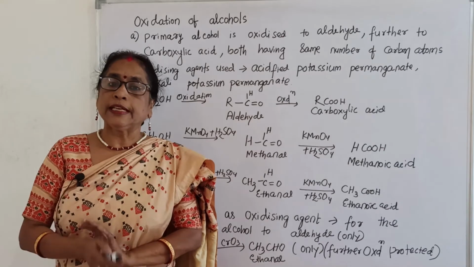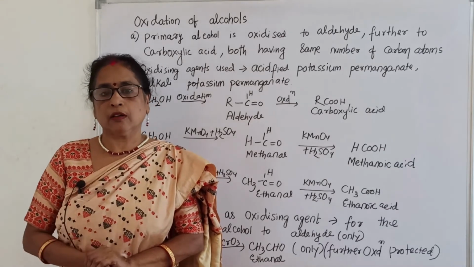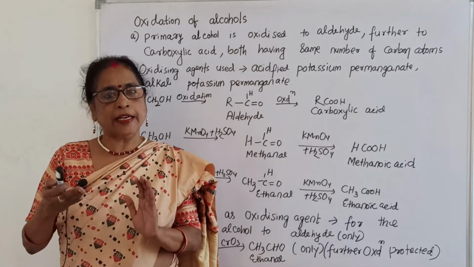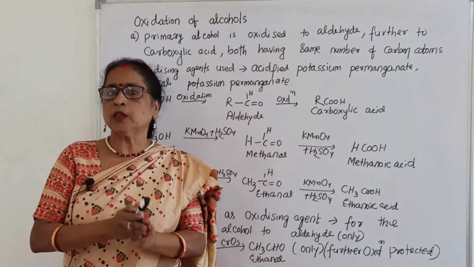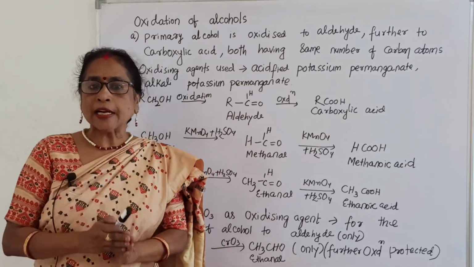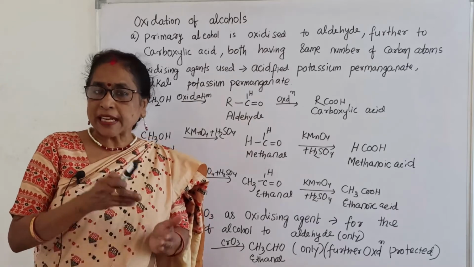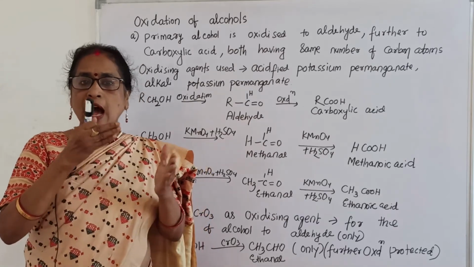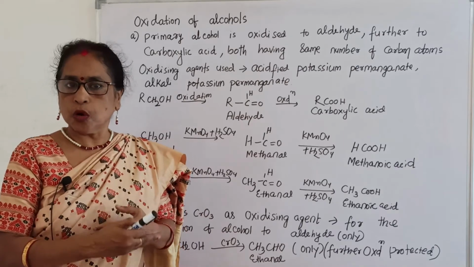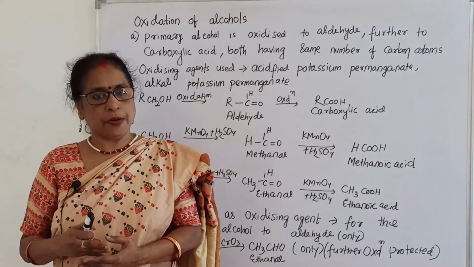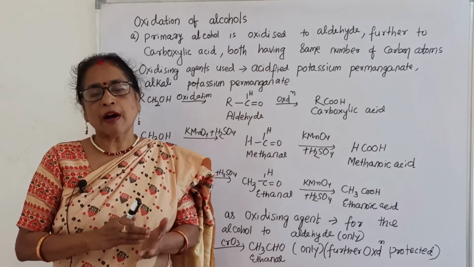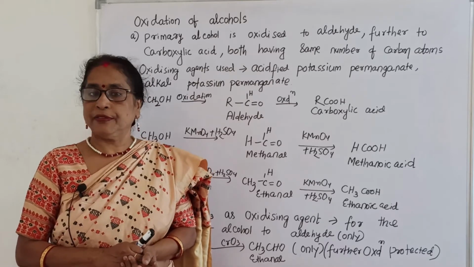I told you about dehydrogenation of alcohol. What does dehydrogenation mean? That means hydrogen is removed. Hydrogen being removed is one type of oxidation. But here what happened? The alcohol vapors were passed over red hot copper at a temperature of 573 Kelvin.